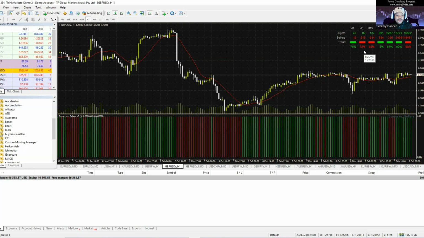So the British pound, US dollar, euro, US dollar, they're basically having the same kind of issues where, because the US dollar is unstable and the pound US dollar and the euro US dollar are very sensitive to what the US dollar is doing, then these currency pairs are going to be very difficult to trade.